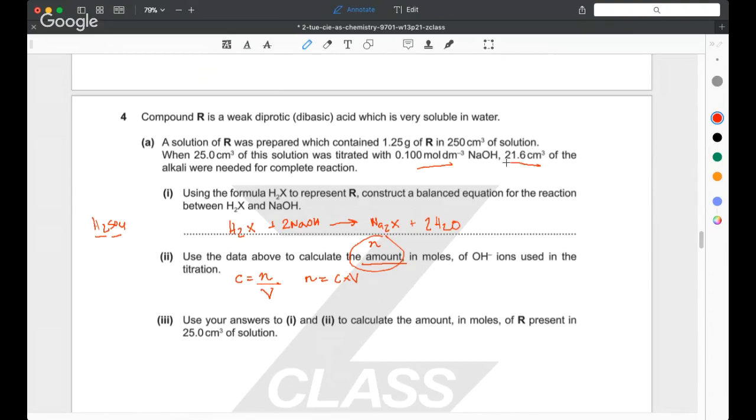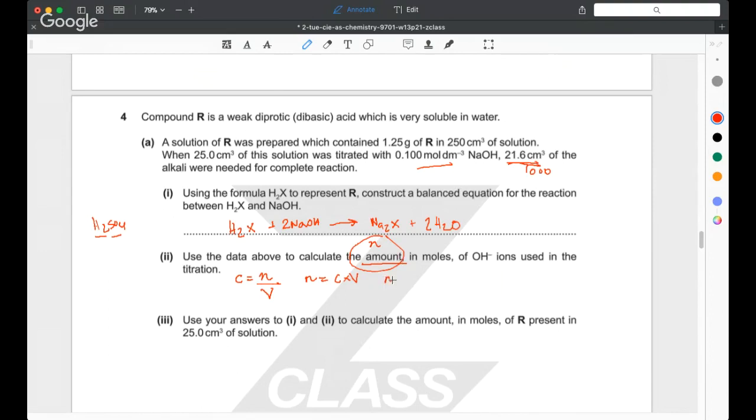And the way to make them consistent is to convert the volume here from centimeters cubed to decimeters cubed. And the way you do that is to divide by 1,000. So a centimeter cubed divided by 1,000 is a decimeter cubed.